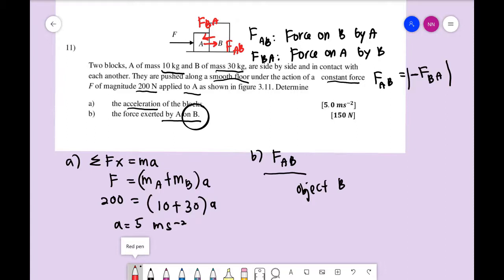For object B, there is only a single force, which is force on B by A.